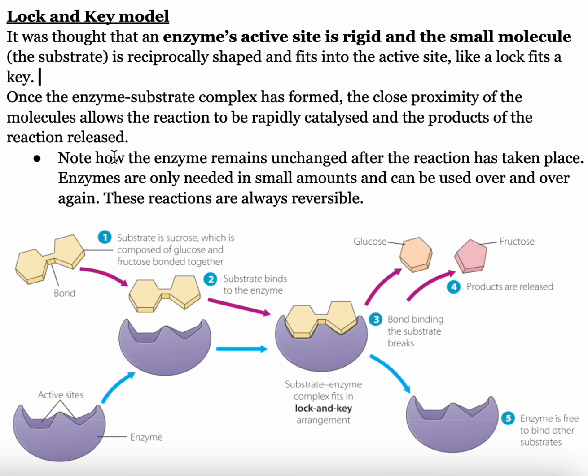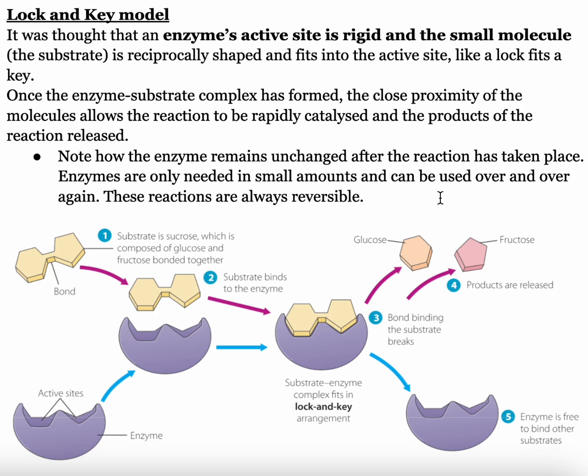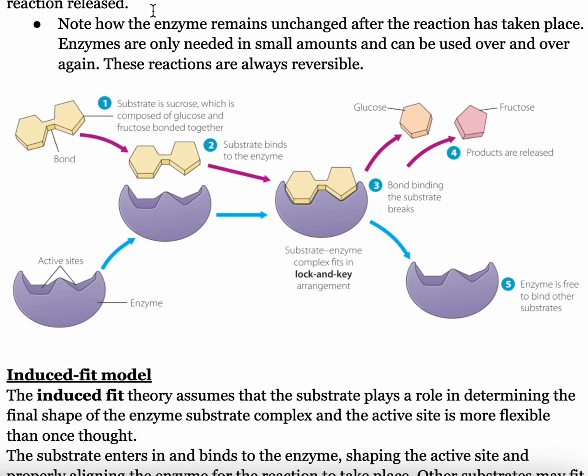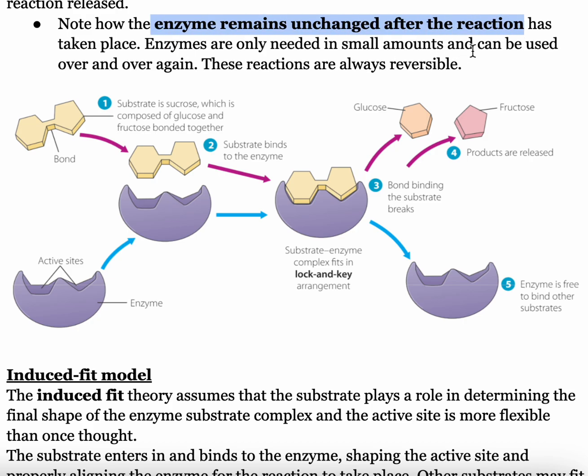Once the enzyme substrate complex has formed, the close proximity of the molecules allows the reaction to be rapidly catalyzed and the products to be released. Note how the enzyme remains unchanged after the reaction has taken place. They are only needed in small amounts and can be used over and over again. These actions are always reversible.